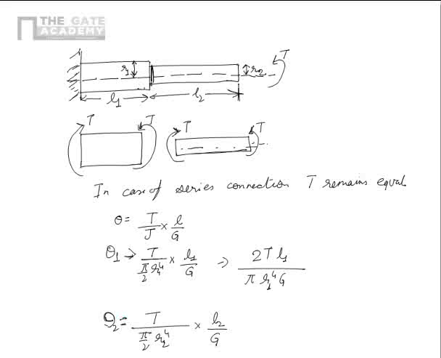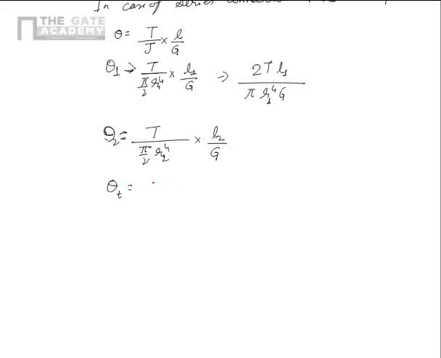So it is like first this bar is twisting, then over that this bar is twisting by theta 2. So the total twist with respect to the wall is theta 1 plus theta 2, which is 2T by pi G, L1 by R1 to power 4 plus L2 by R2 to power 4.